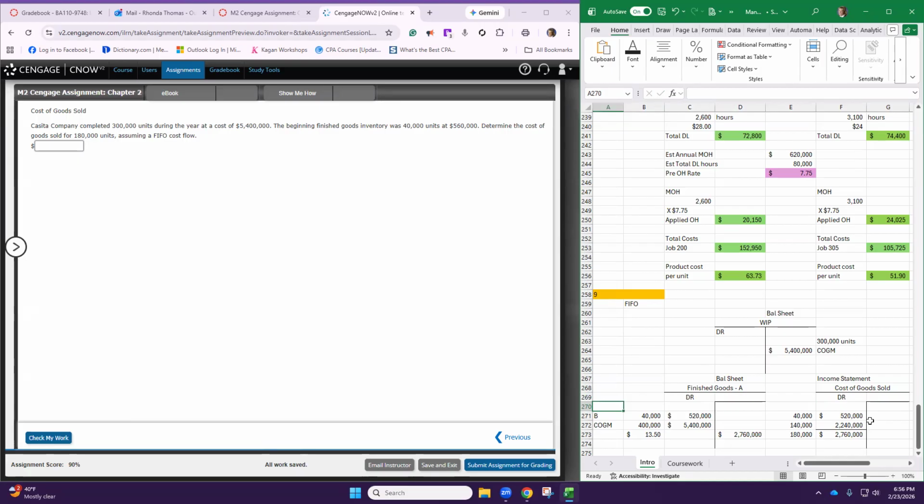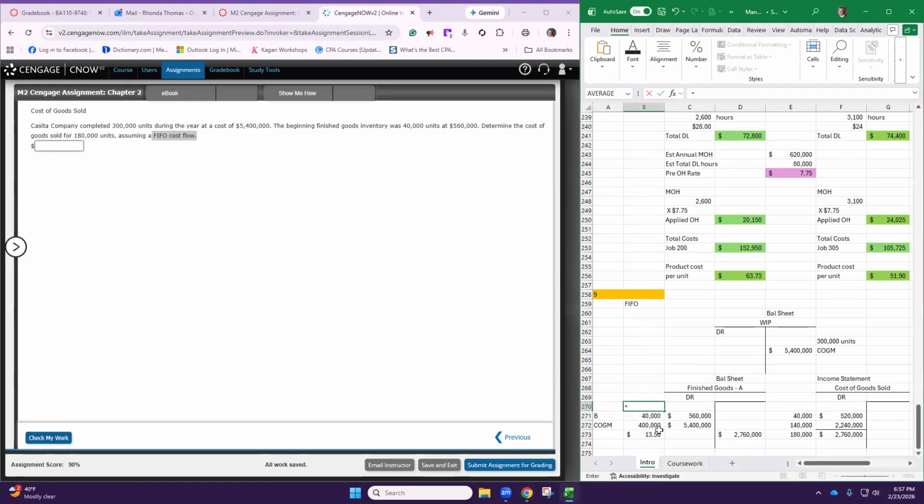So it says that we had 40,000 units at $560,000. That's what the beginning work in process is. If you want to know the price, because this is first in, first out, we're going to have different cost flows.